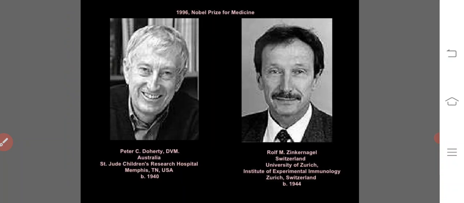Zinkernagel and Doherty discovered that in order for killer T cells to recognize infected cells, they had to recognize two molecules on the surface of the cell, not only the virus antigen but also a molecule of the major histocompatibility complex, that is MHC. This recognition was done by a T cell receptor on the surface of the T cell.